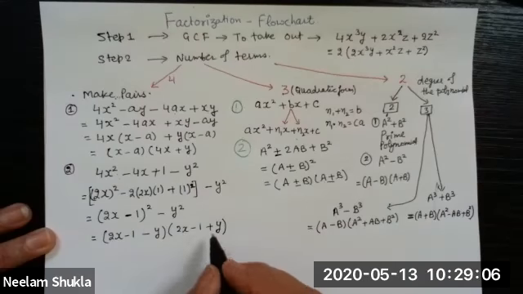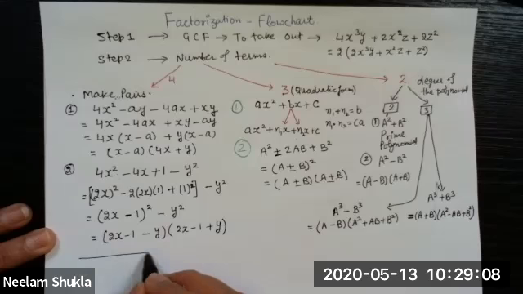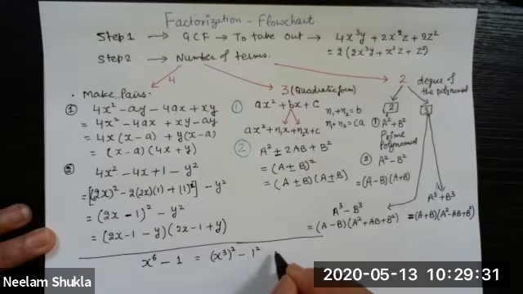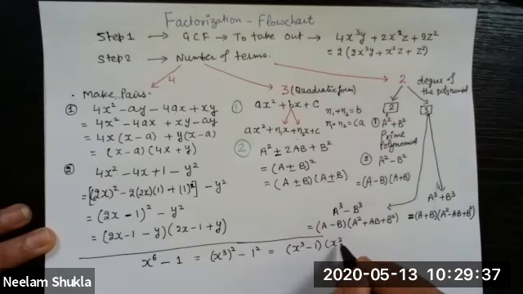For example, if you have a question x to the power 6 minus 1, first I can use either x cube square minus 1 square, and this will break into x cube minus 1 and x cube plus 1, and you have these two formulas which you can use.